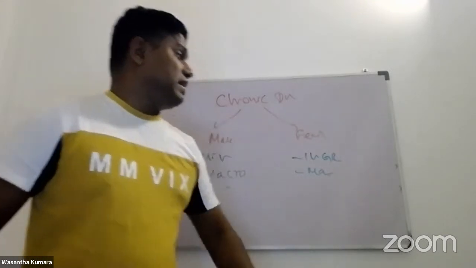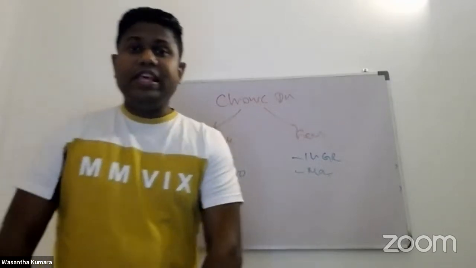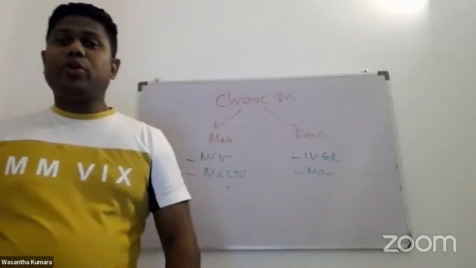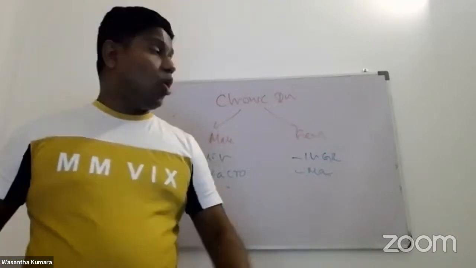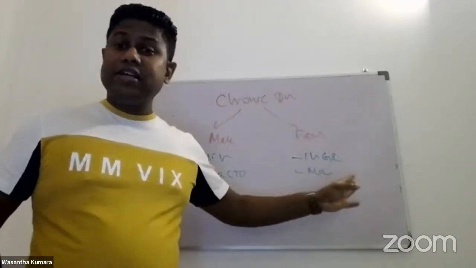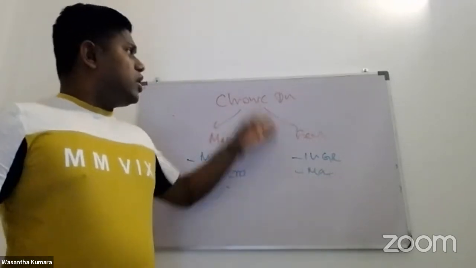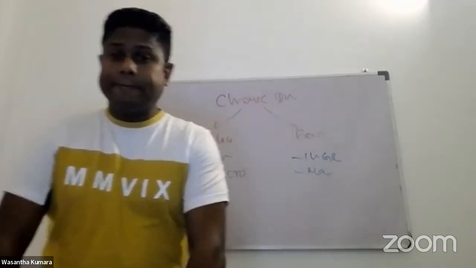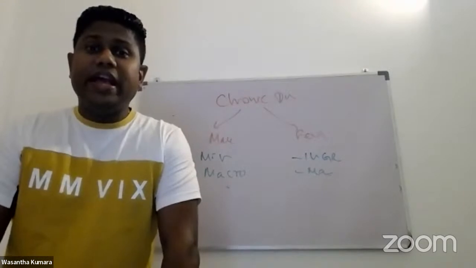And one of the other complications is intrauterine death. These babies can die inside without any obvious reason. All diabetic patients' babies have a risk of IUD. When it comes to chronic diabetes, these are the complications, maternal and fetal.